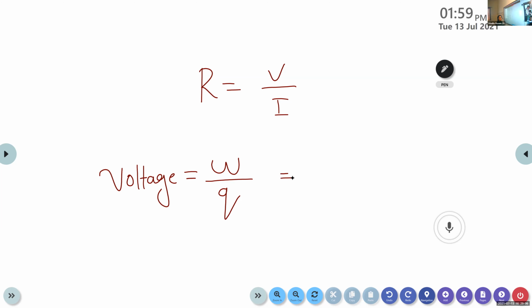What is the dimension for work done? ML square T raised to minus 2, divided by, what is the dimension for charge? Dimension for electric charge?